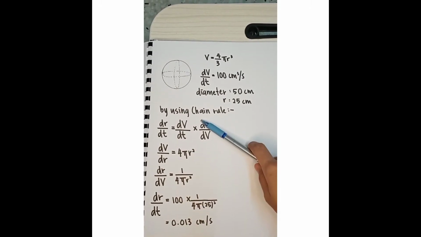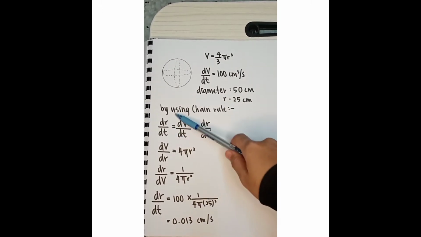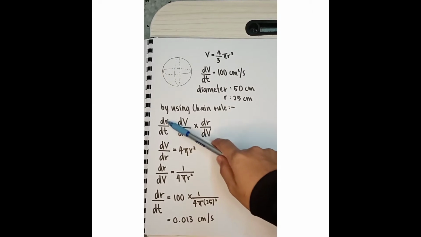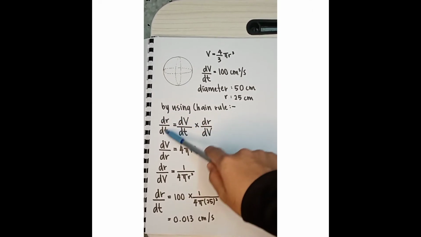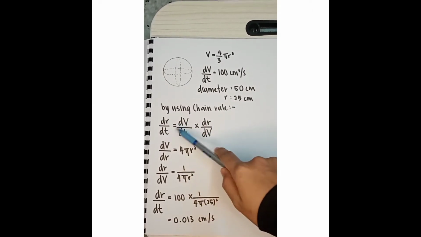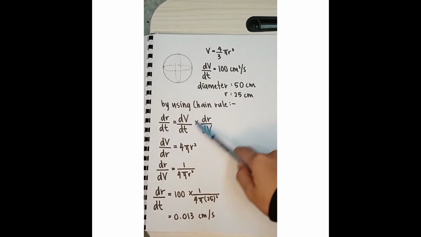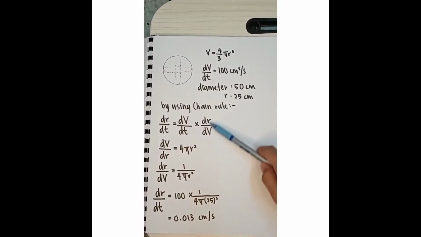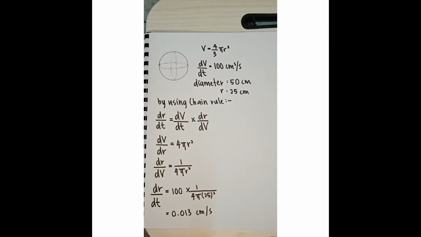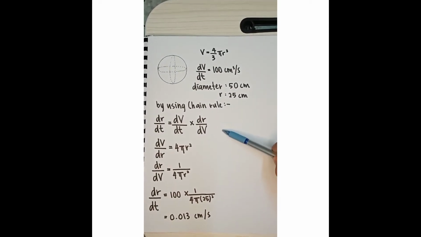By using the chain rule, we can come up with the equation dr over dt equals dV over dt multiplied by dr over dV. So we will find dr over dV next.